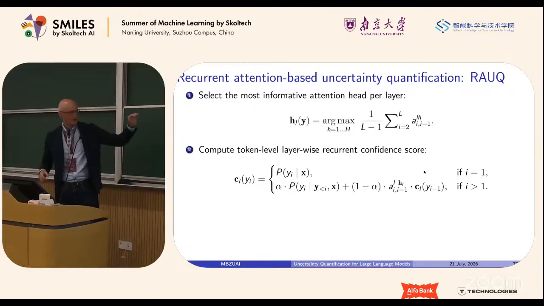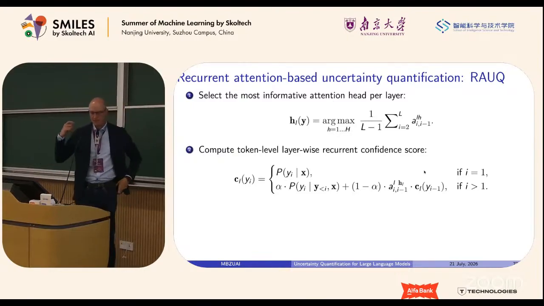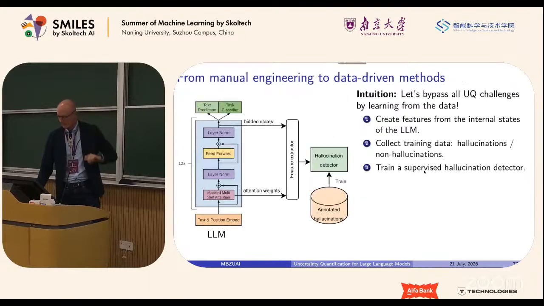This second step comes from the fact that generated tokens are conditionally dependent. And finally, we aggregate them into the layer-wise uncertainty score to assess the final credibility of the generated text.